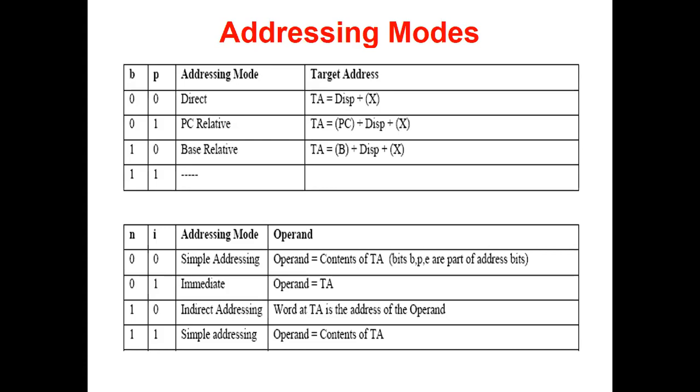We don't use them to calculate the target address, but they are just part of the address. So when you append those bits to the displacement, it becomes the address. So in this case, you get an address of 15 bits, which becomes the target address.